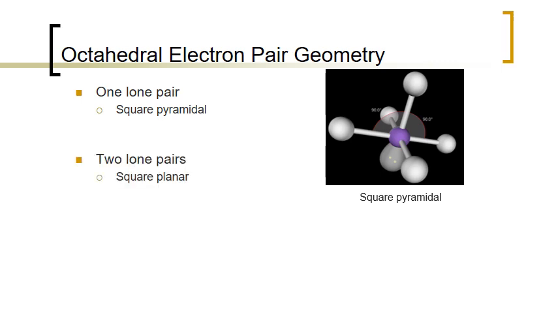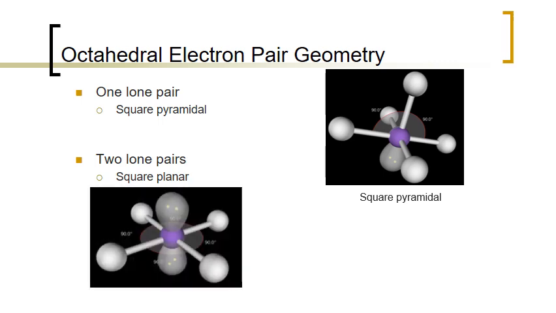If we have 2 lone pairs, this will adopt the square planar structure. That second lone pair will be opposite the first. Remember, lone pairs want to be as far apart as possible. We have 4 atoms around the central atom adopting the square shape, and they are in the single plane. The second electron pair must be opposite the first.